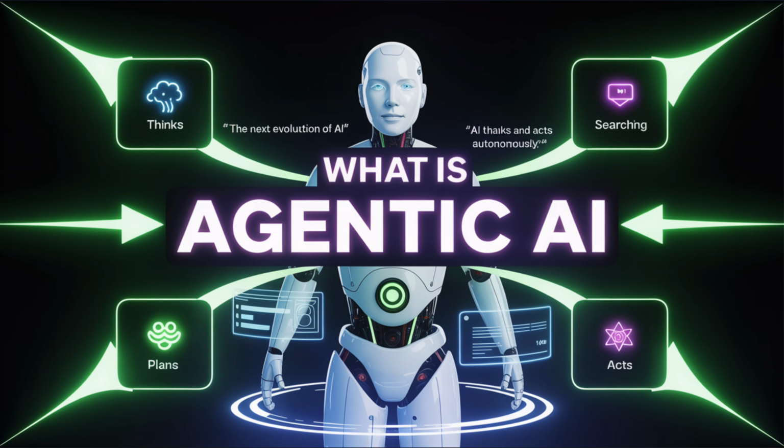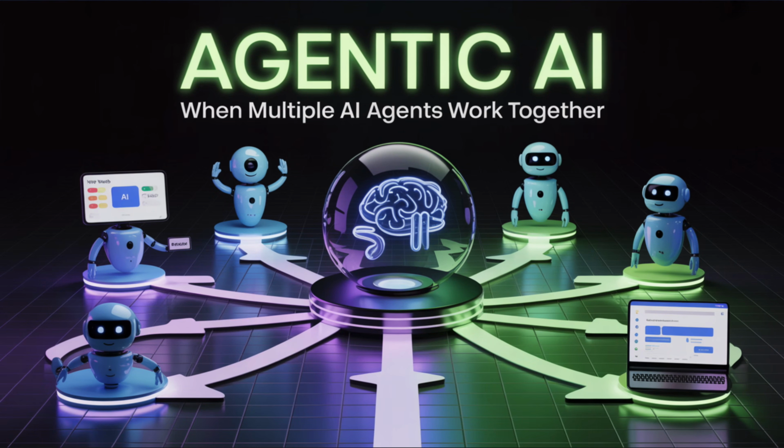That is Agentic AI. This is when multiple AI agents work together, like a full digital team. Imagine you say, hey AI, build me a blogging website. Here's what happens behind the scenes. A planner agent maps out the project.